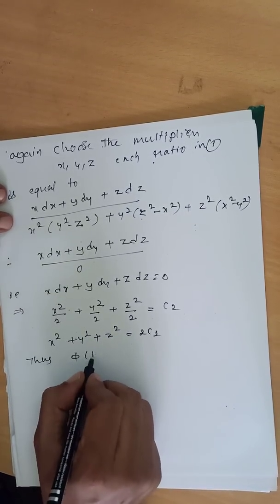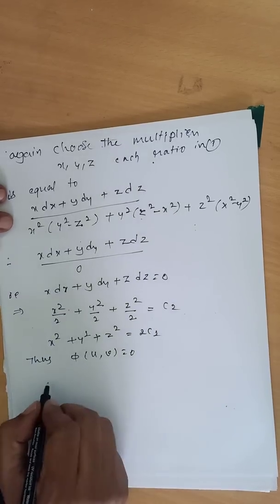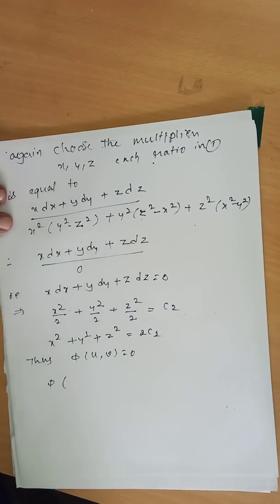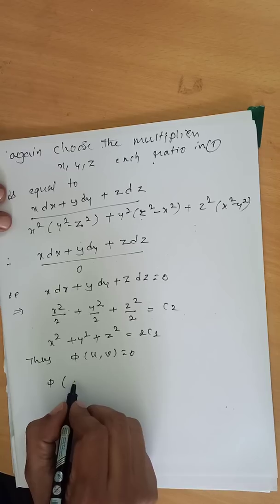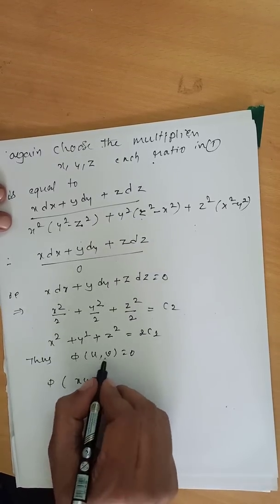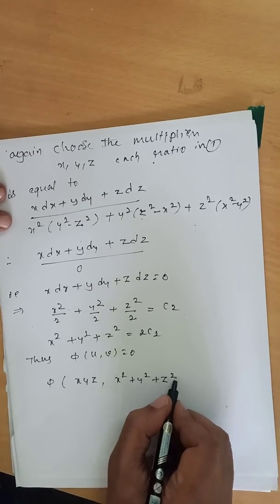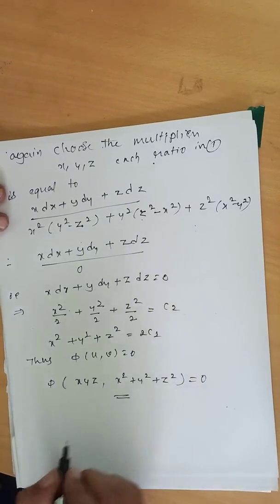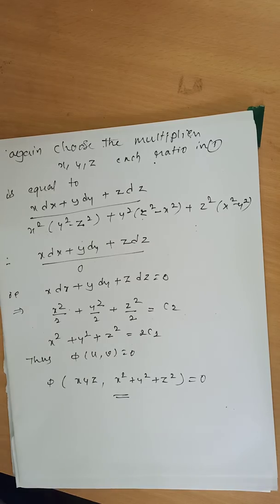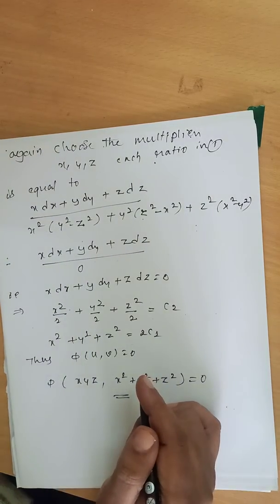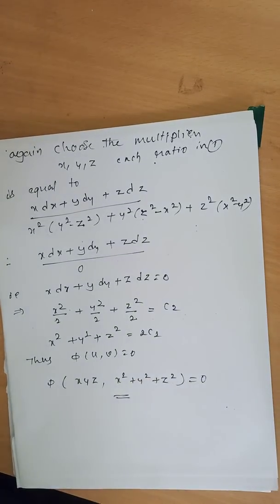Thus phi of u, v equal to 0, where u is xyz, v is x² + y² + z². So this is the required solution of the given Lagrange's linear partial differential equation.